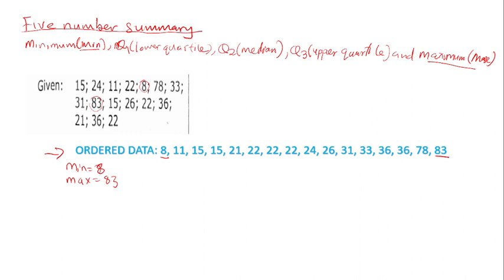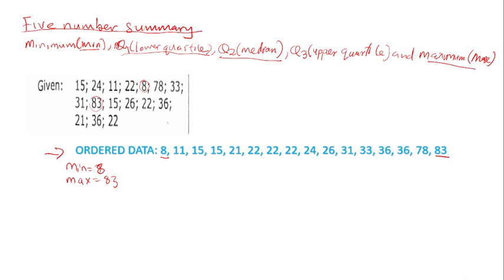So now we must get the lower quartile. Remember the quartiles, our data are divided into quarters, which is sometimes related to percentiles. Now for us to get the lower quartile, we must start from the median, which is the half of the data.